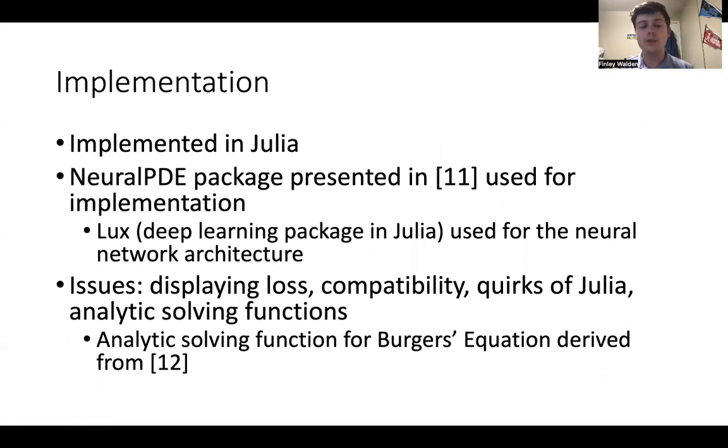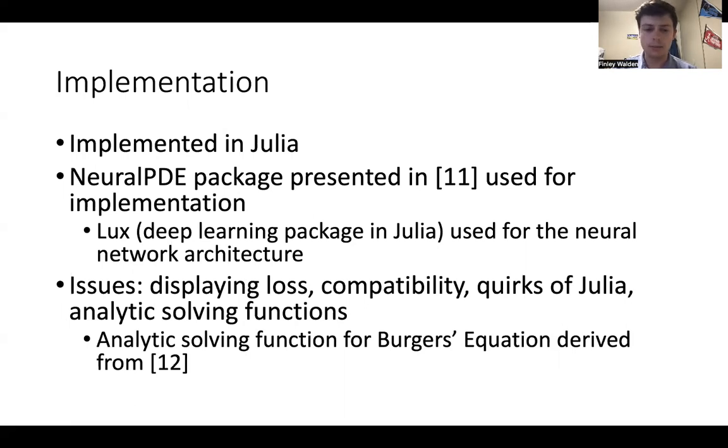So implemented in Julia, as I said several times, the NeuralPDE package is used. The deep learning package used in conjunction with NeuralPDE is called Lux, which is a common deep learning package in Julia. Some of the issues with the implementation, obviously compatibility, having the correct packages and versions installed was always going to be the main issue.